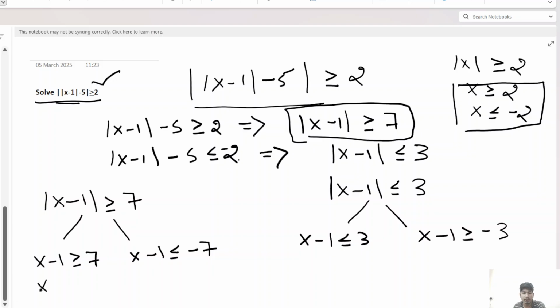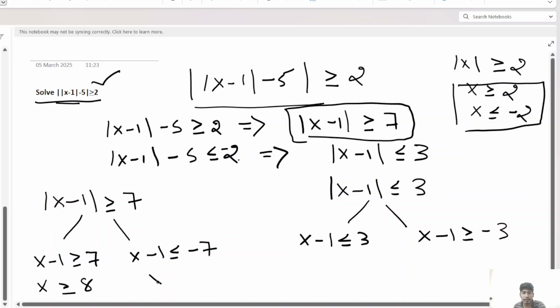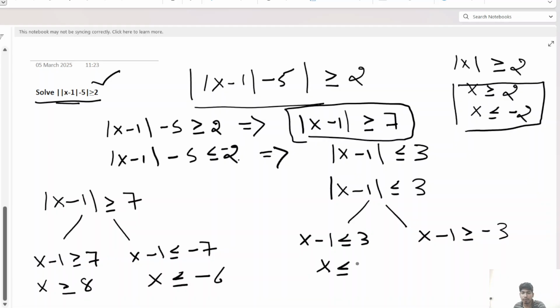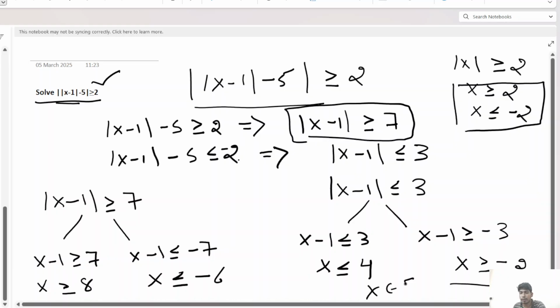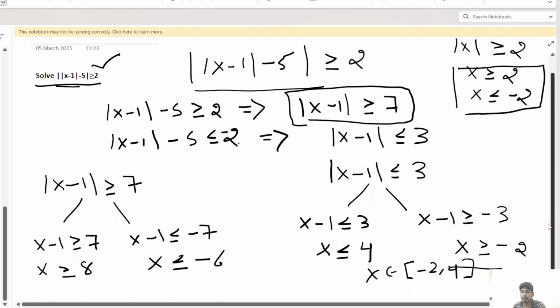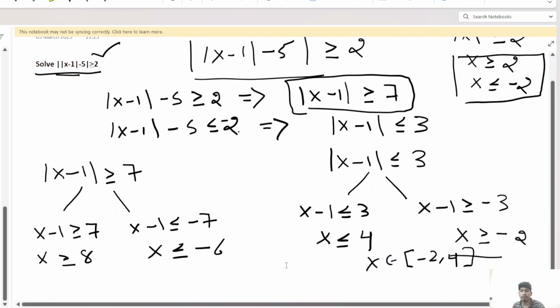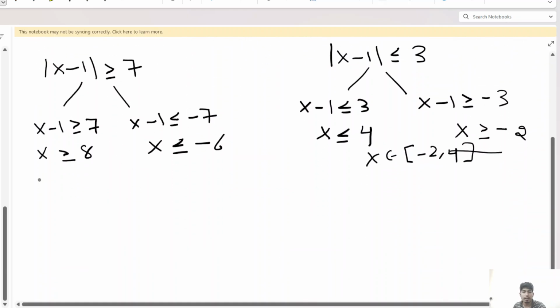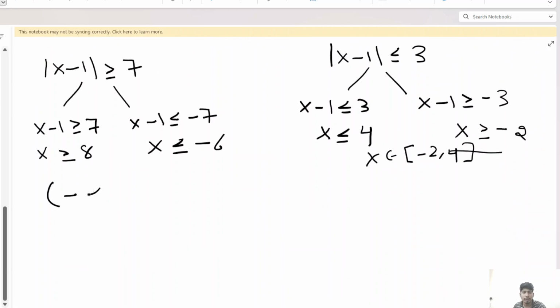Then what do we get? x is greater than 8, x is less than minus 6, x is less than 4, and x is greater than minus 2. Then x belongs to minus 2 to 4, and here minus infinity to minus 6 union 8 to infinity.